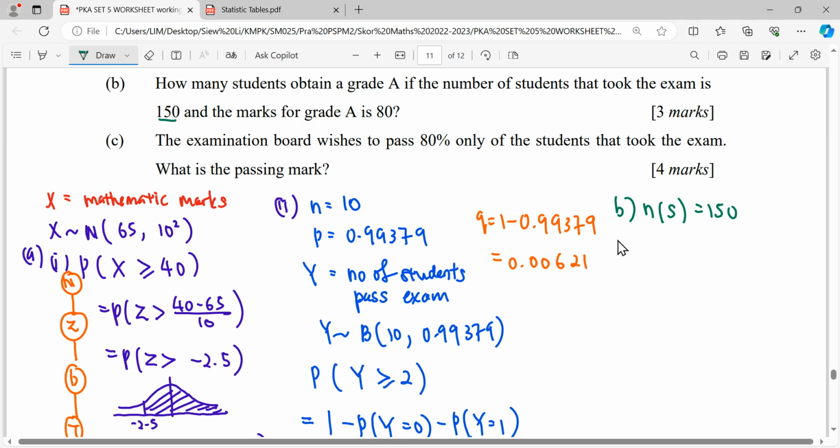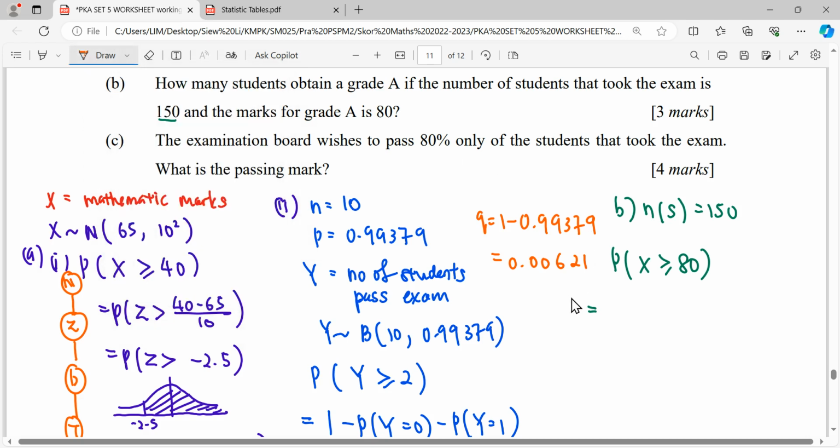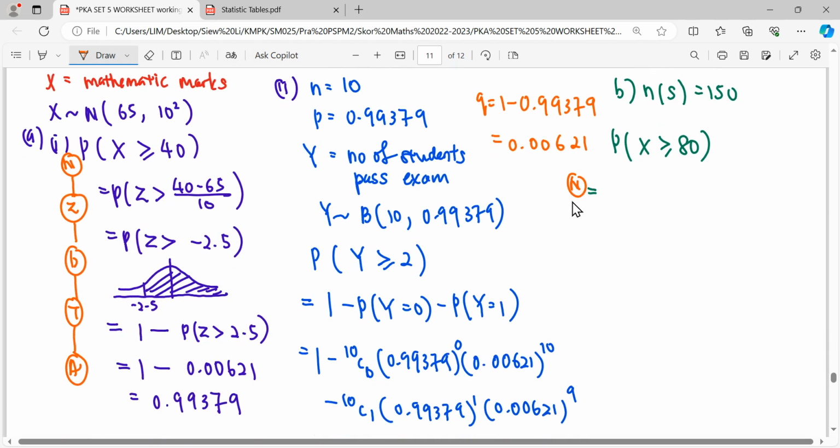So first of all, we need to calculate the probability of getting 80 marks. When we are talking about marks, this distribution goes back to normal. So what we need to do next is change to Z, draw the graph, find from the table and answer.